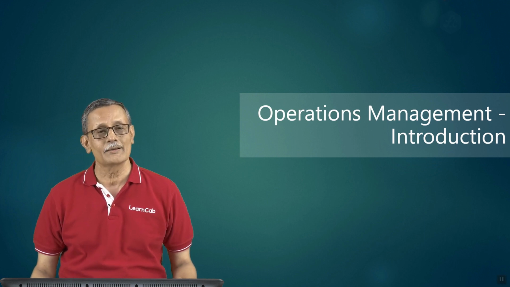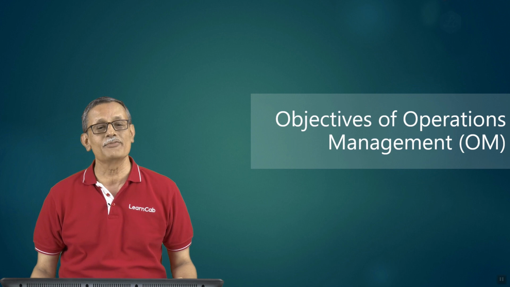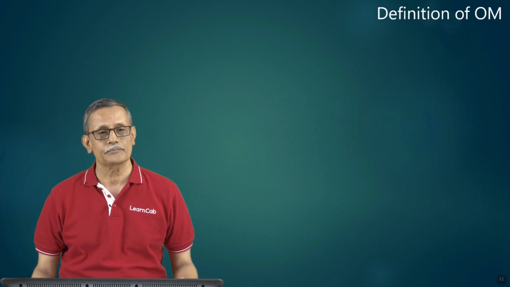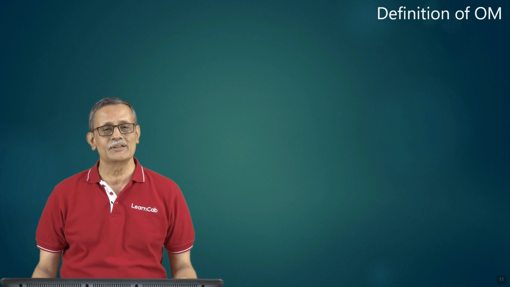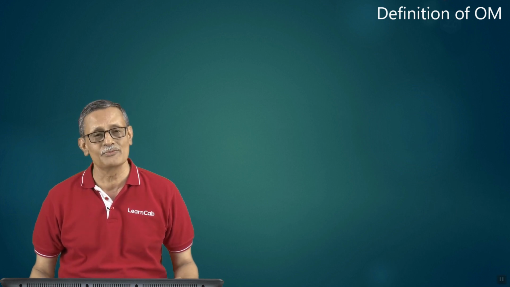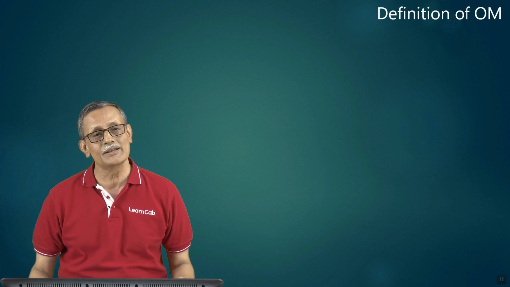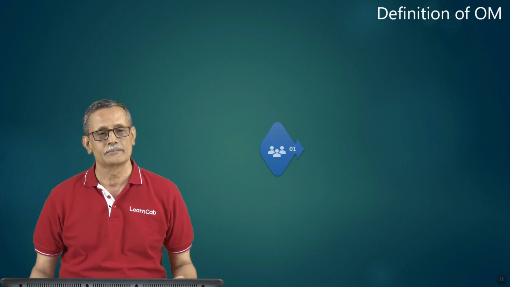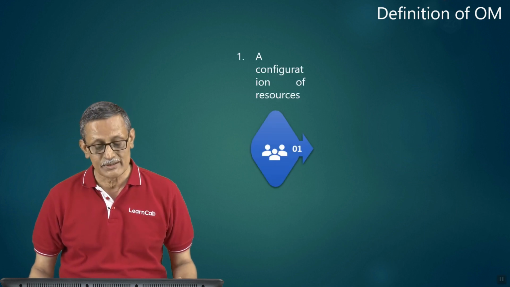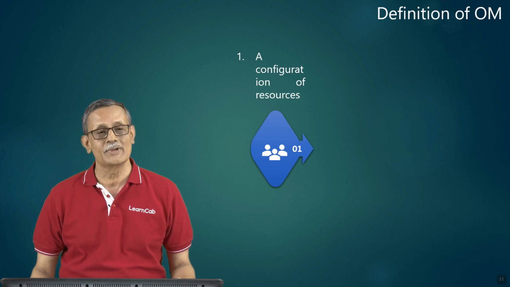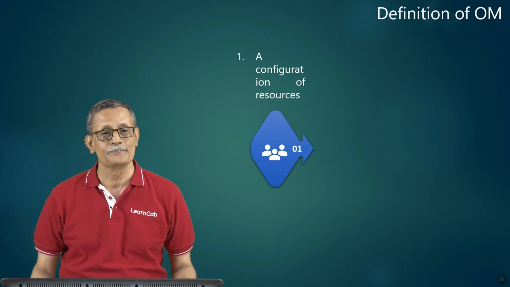As you are all aware, we will go to the definition and then see the objectives. We can split the definition of operations management into small pieces of information which you can collate to understand the total definition. The definition says that it is a configuration of resources.